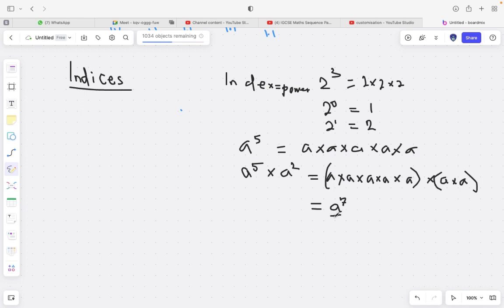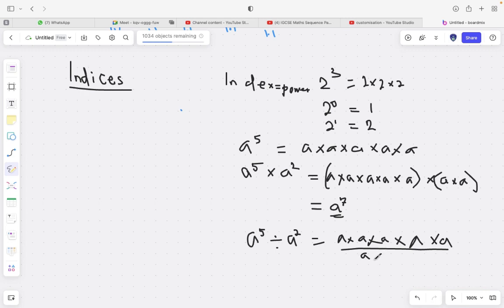Likewise, before we move on, if we say a to the power of 5 divided by a to the power of 2, logically it's the same thing. You say a times a times a times a times a, 1, 2, 3, 4, 5, all over a times a, because this is division.